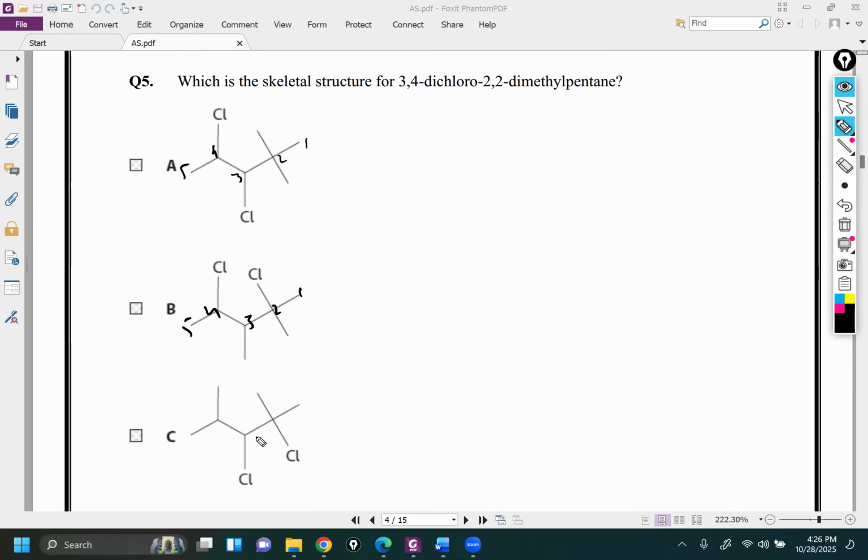And here 1, 2, 3, 4, and 5. Now, if you look at the question, 3,4-dichloro, and this is 2,2-dimethyl. So the first structure is exactly according to the name. So the correct option is option 5.